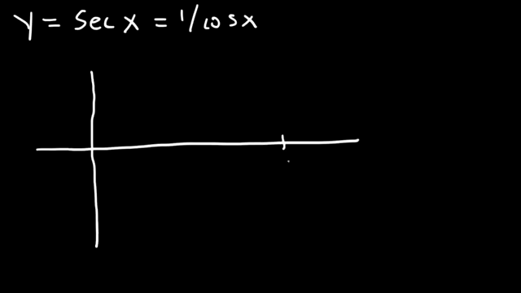So we know the period is going to be 2 pi. And the range is negative 1 to 1, since the amplitude of cosine is 1. Cosine is going to start at the top, then it goes to the bottom, and then eventually back to the top.